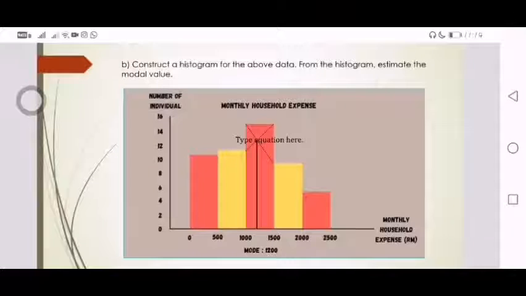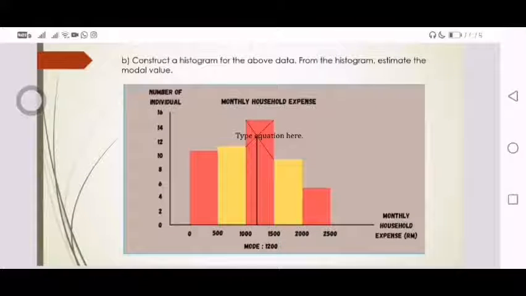This histogram is for question 3. The y-axis is the number of individuals in the household, and the x-axis is monthly household expenses. For expenses around 0 to 500 ringgit, about 10 individuals. For 500 to 1000 expenses, around 11 individuals. For 1000 to 1500 expenses, about 15 individuals.